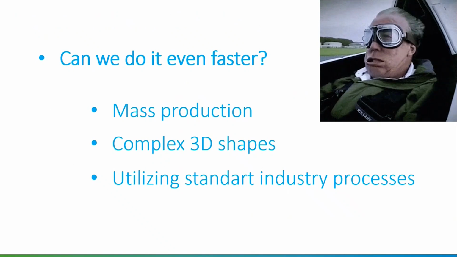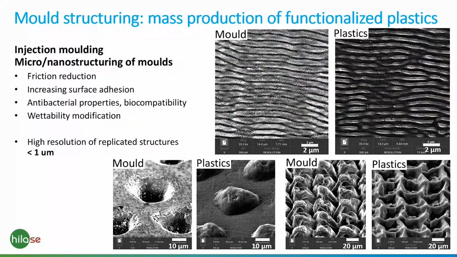Okay, but that doesn't stop us. We have some records in nanostructuring, but still we are thinking how to make it even faster. Maybe even think about mass production of functional shapes, maybe even complex 3D samples, utilizing some industry process maybe.